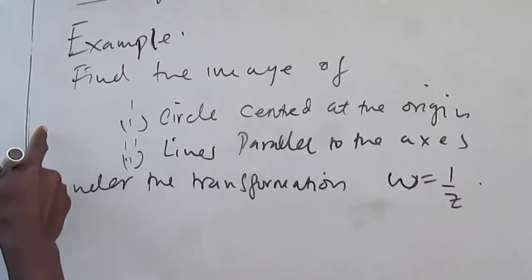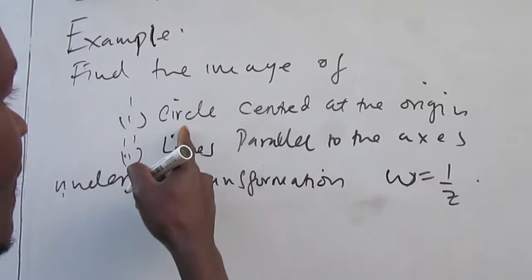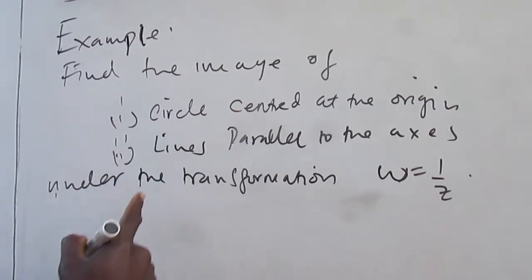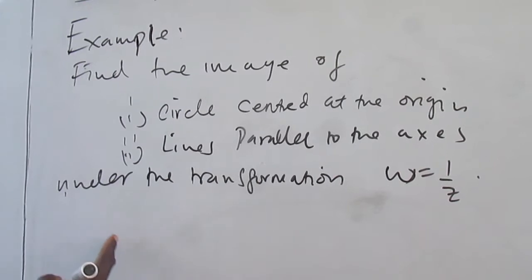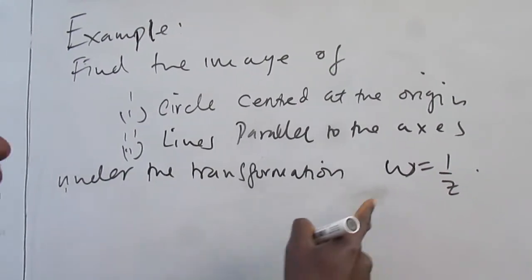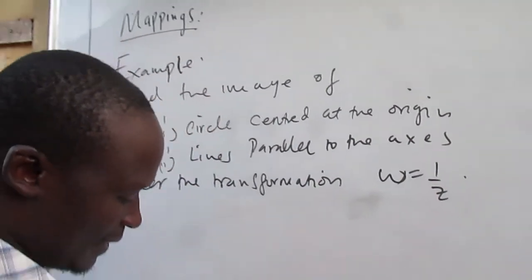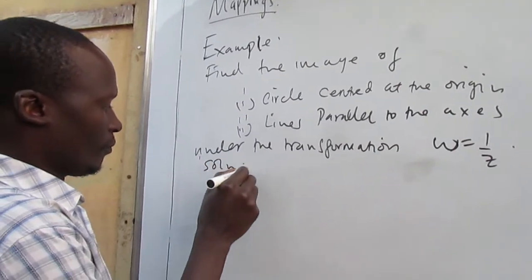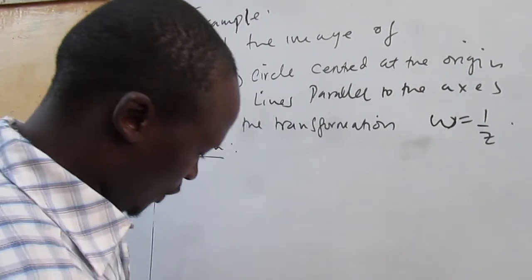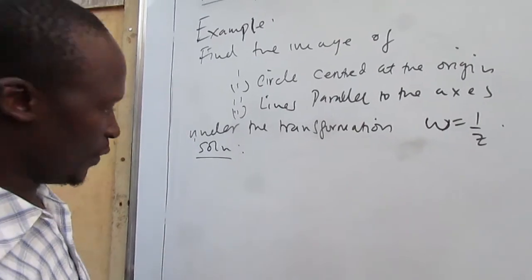So for another example, let us find the image of circles centered at the origin and lines parallel to the axis under the transformation given by w is equal to 1 over z. So for the solution, first of all, we need to get the transformation equations.